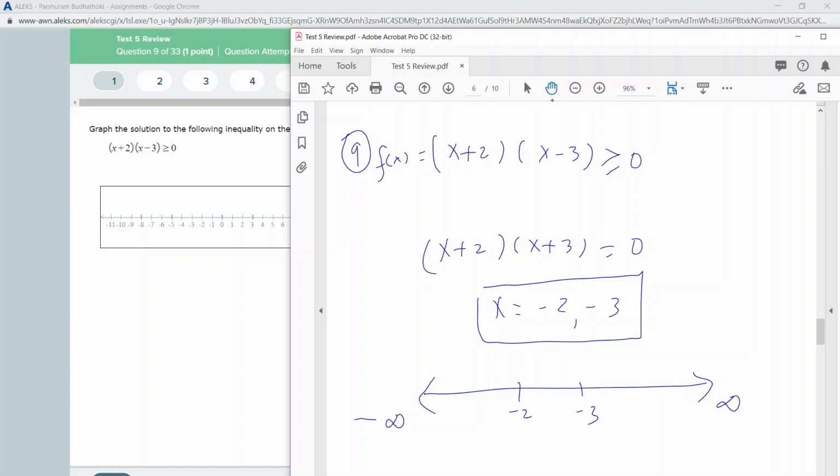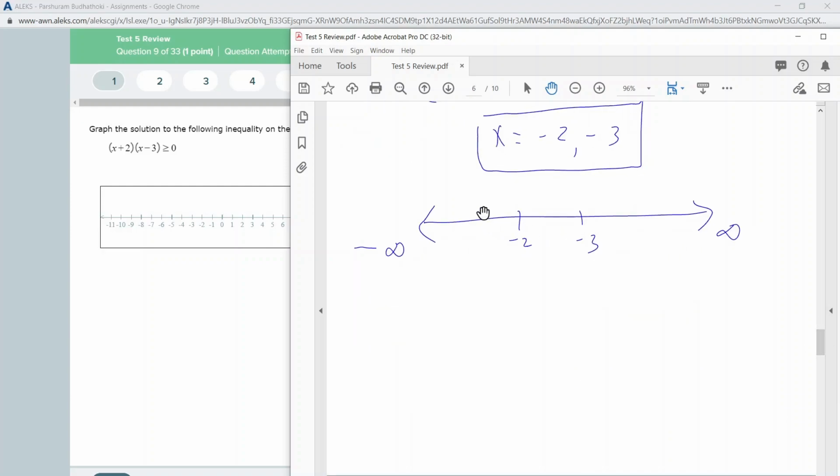So now look at the number line and now divide this number line, with negative 2 and negative 3 which are zeros of this function, into 3 intervals. So starting from negative infinity up to negative 2, negative 2 to negative 3, negative 3 to positive infinity.